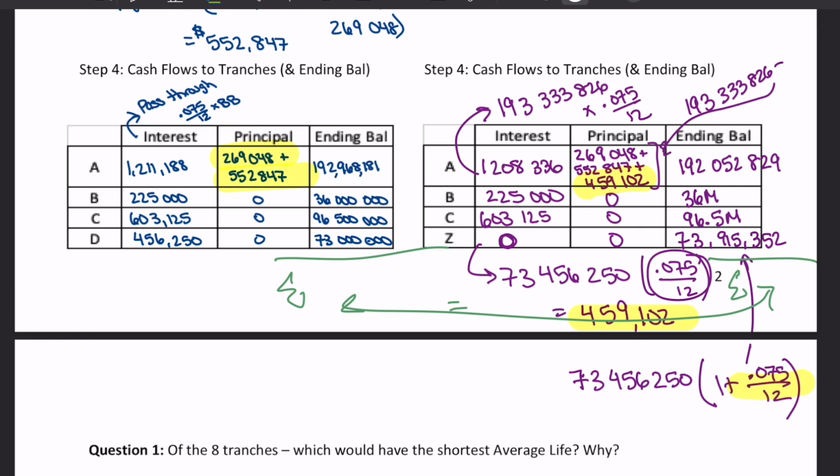We're making A go down by the 459,000 and we're making Z go up by the 459,000. So net they cancel out and you end up with the exact same sum across the two tables. That is mechanically how the two are related to each other.